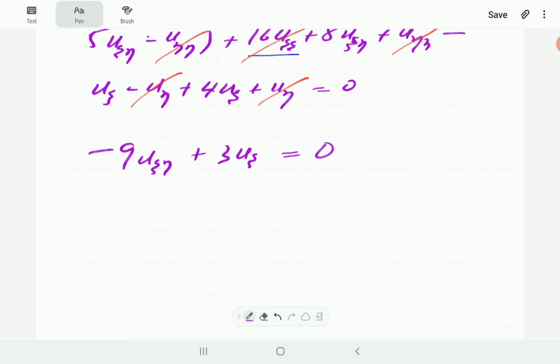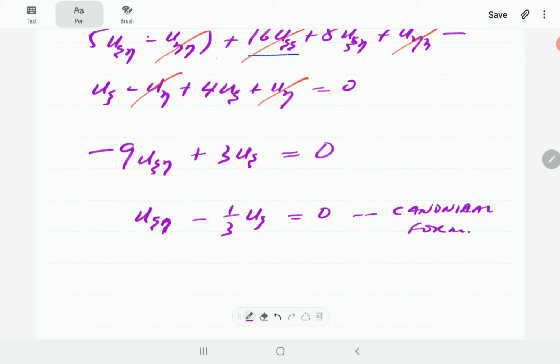If we divide by negative 9, so this is u_xi_eta minus 1 over 3 u_xi equal to 0. Now, as you can see, only the xi eta derivative has remained. The other second order derivatives have all cancelled out. Okay, so this is our canonical form.